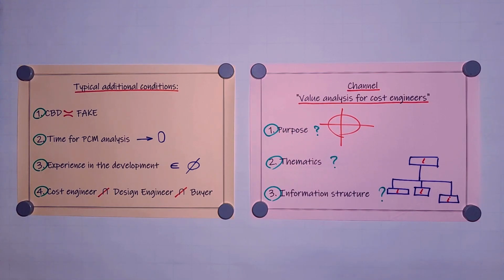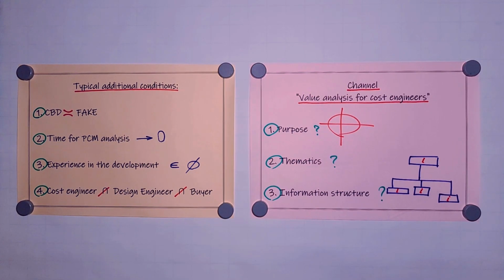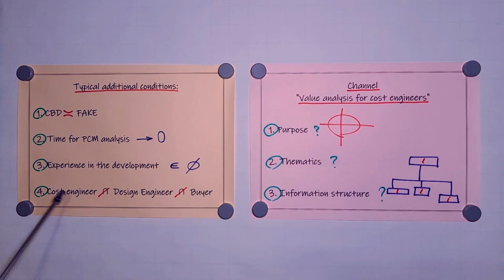Third, the company has no experience in designing similar products in the past. Or we have an innovative project or product with a high degree of novelty. Fourth, the company has no business processes of interaction of working groups, cost engineer, designer and buyer.